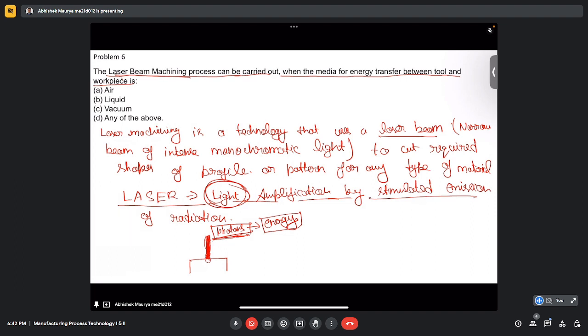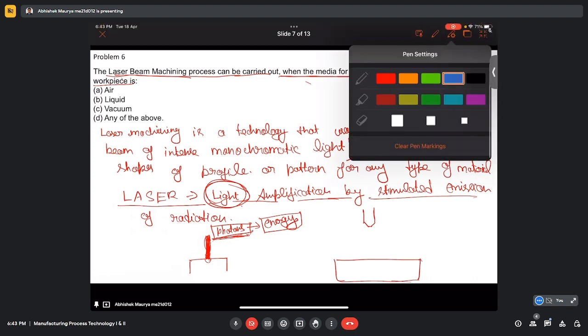So here light is involved, photon is involved, and the question is all about the medium for energy transfer between tool and the workpiece. Suppose we have the laser beam head over here, and we have the workpiece which we want to machine, and in between there will be some medium.